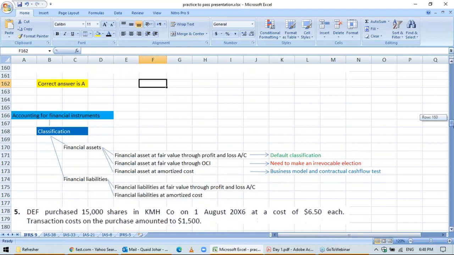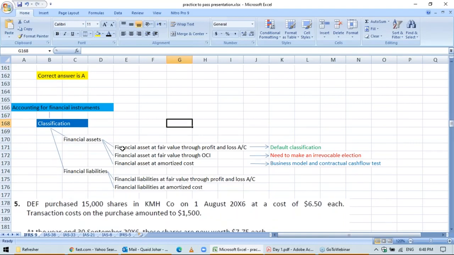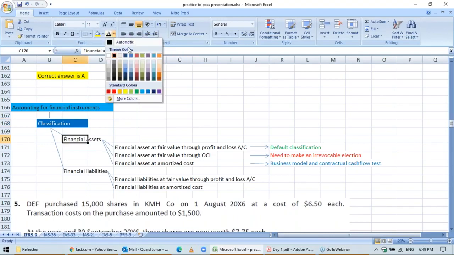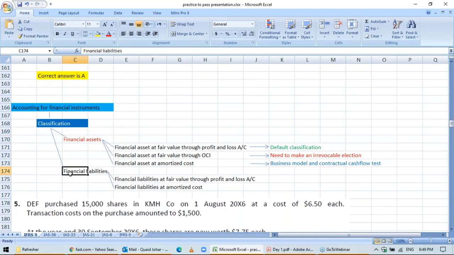See, over here, you could see a small diagram which shows you classification of financial assets and financial liabilities, right? So financial liabilities are categorized into three classifications: financial asset at fair value through profit and loss, and financial asset at fair value through OCI. Equity investment will never fall under financial asset at amortized cost, right?